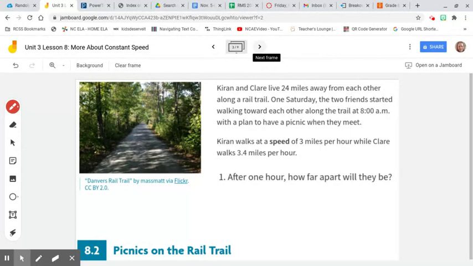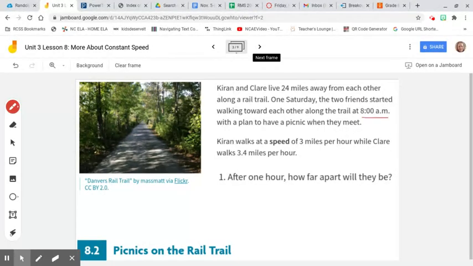Now we're going to move on to activity 8.2, which is Picnics on a Rail Trail. Kieran and Claire live 24 miles away from each other along a rail trail. On Saturday, the two friends started walking toward each other along the trail at 8:00 a.m. with a plan to have a picnic when they met.